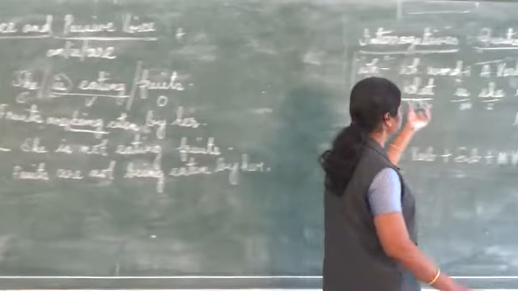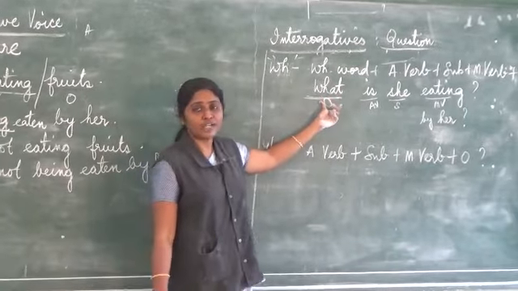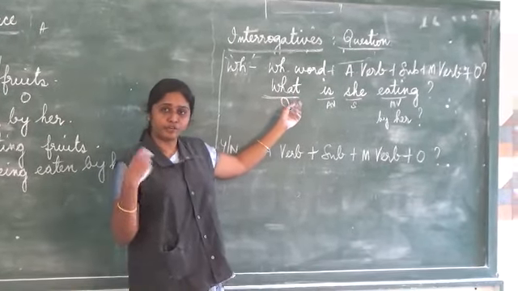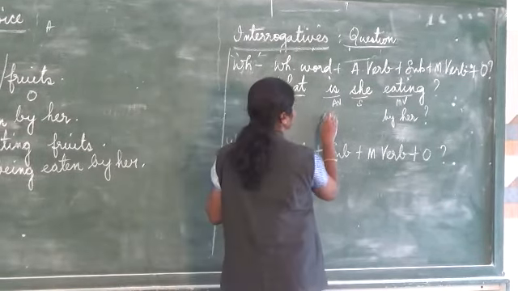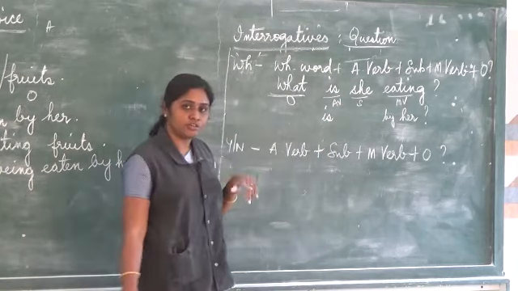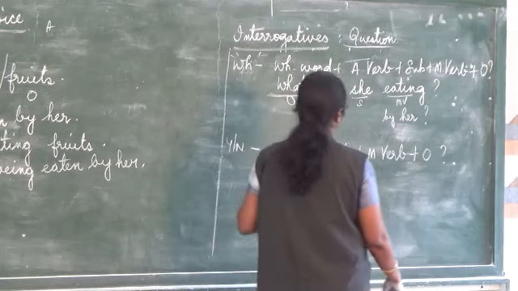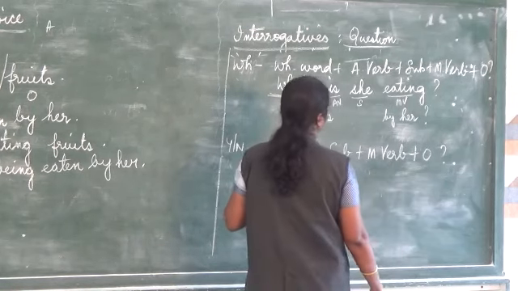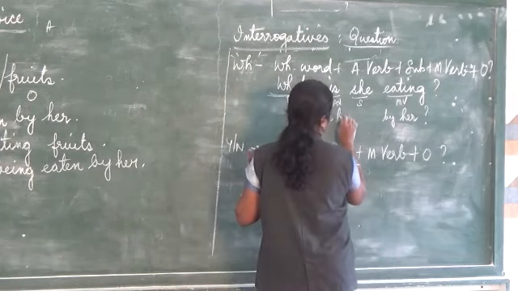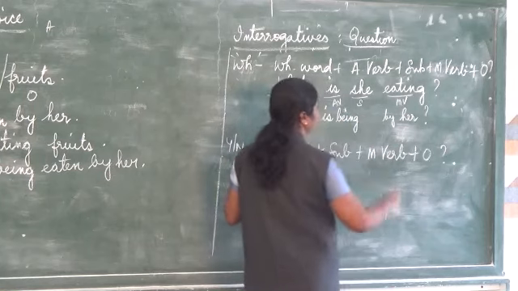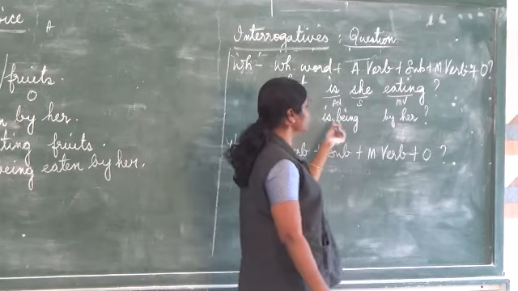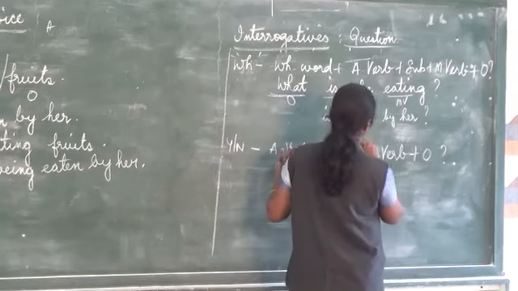But if you see this what, for what you cannot use are, you can only use is. So again in the answer also it is only: what is being eaten. So is eating becomes is being eaten.